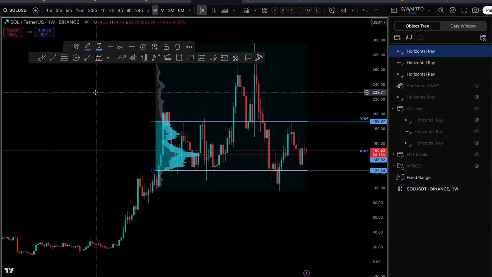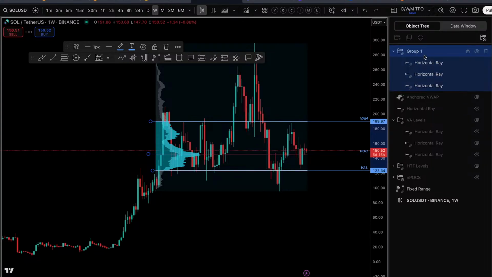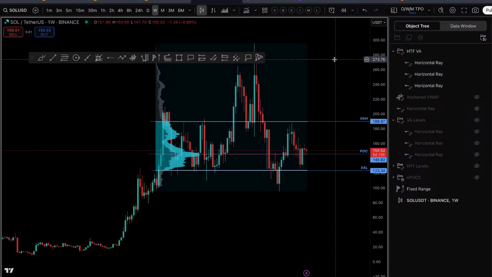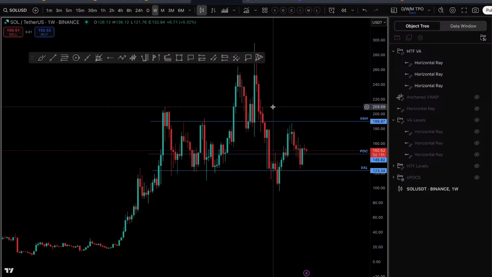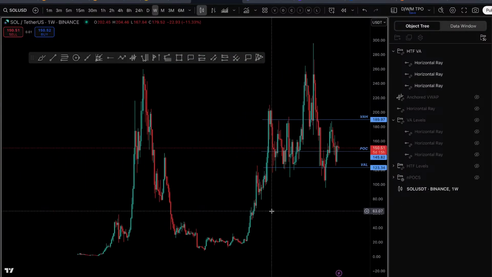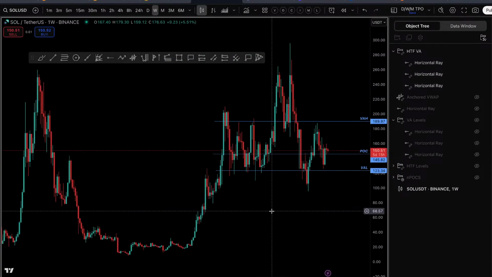Value area low. All forms. Big. High time frame value area. Right. Remove this. Okay. Interesting.